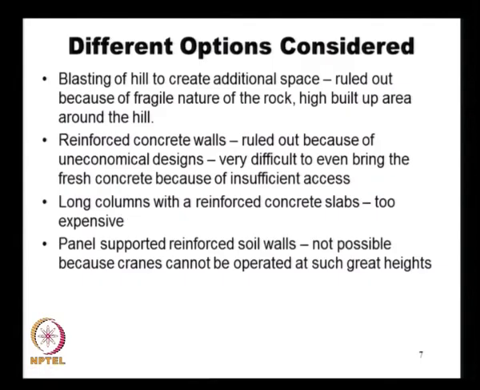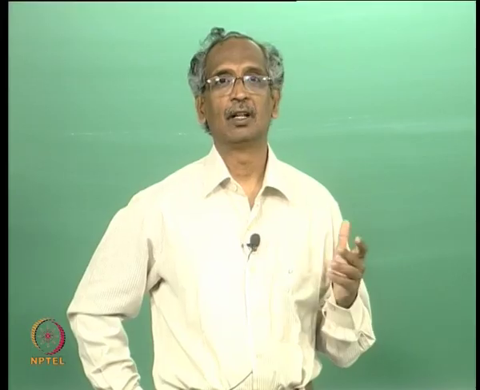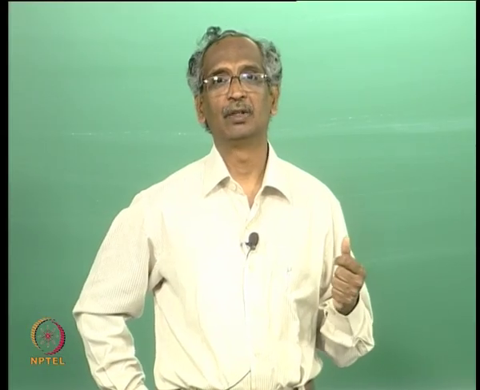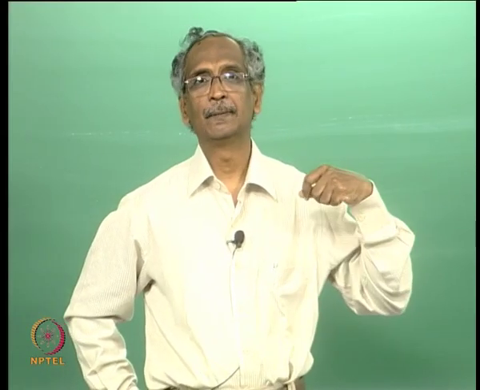And the simplest alternative is to go in for reinforced soil retaining walls. And among the reinforced soil retaining walls, one popular option is using facing panels. These panels are about 1 to 1.5 meter wide and 1 to 1.5 meter high, but that is ruled out at this particular place, because panels of this size weigh about 1.5 to 2 tons, and we need a crane.